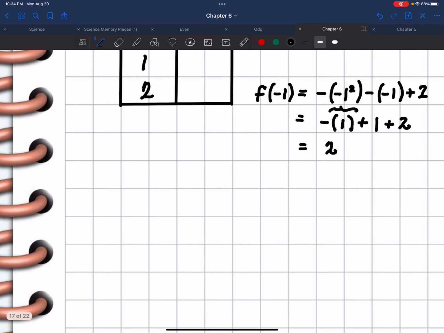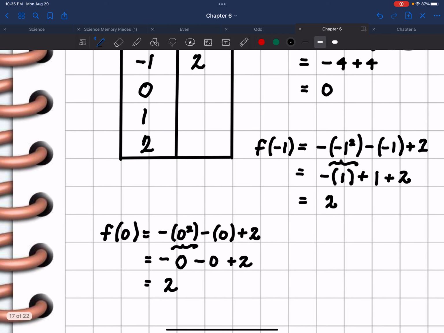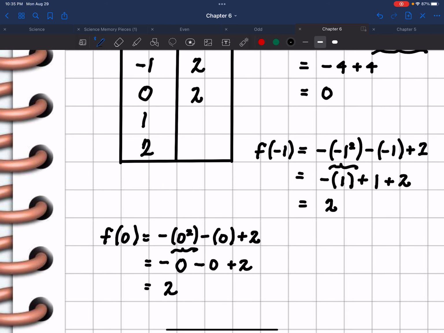Then I have f of 0. That's going to be negative 0 squared minus 0 plus 2. So negative 0 minus 0 plus 2 will end up being 2. That's interesting. That's the y-intercept.